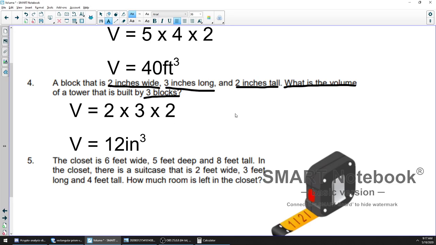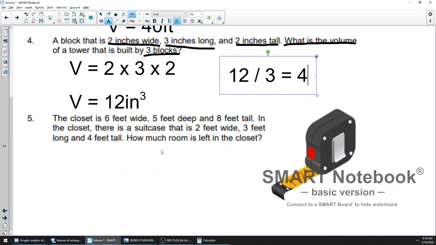If you thought of dividing, you're correct. Again, we have our total volume. We're going to divide it by 3. What do we get? 4. So there should be 4 blocks within the volume.